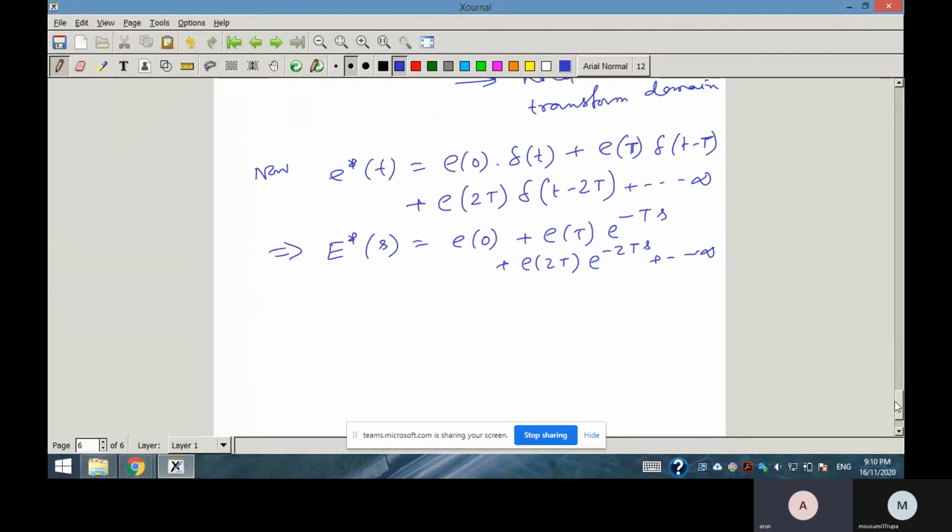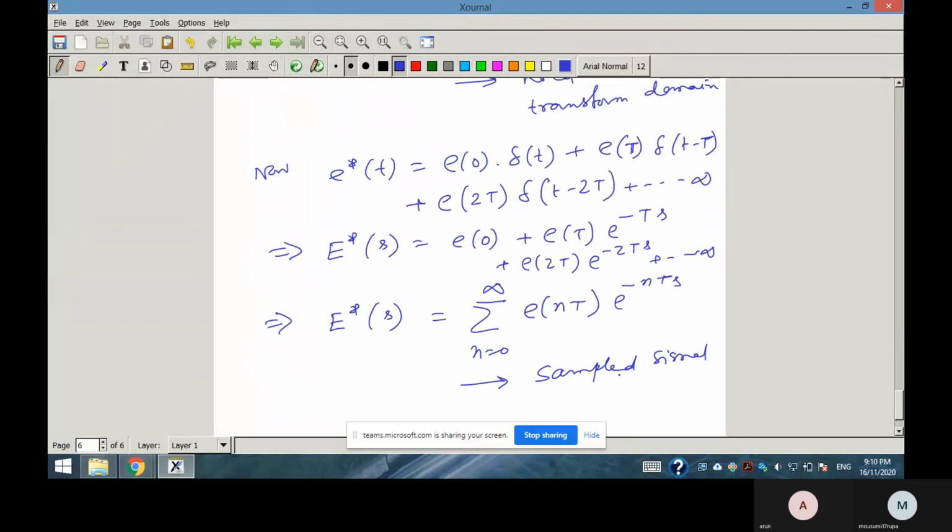So this ultimately implies E*(s) equals the summation for n equal to 0 to infinity of E(nT) e^(-nTs). So this is your sampled signal in the transform domain.